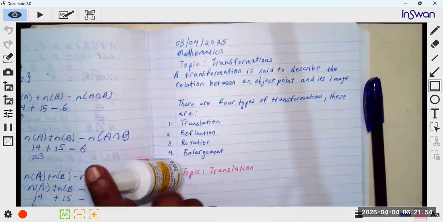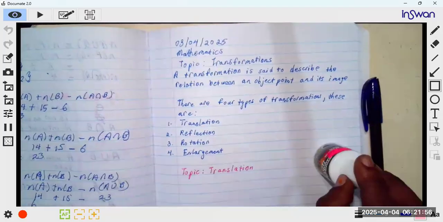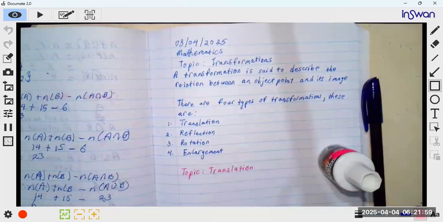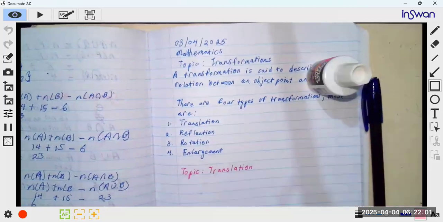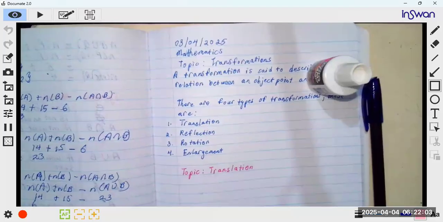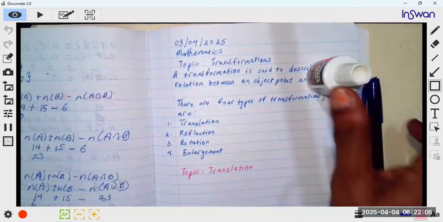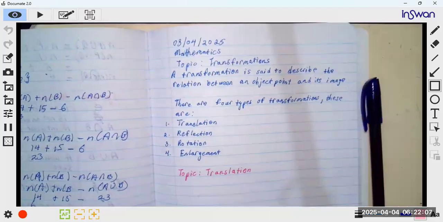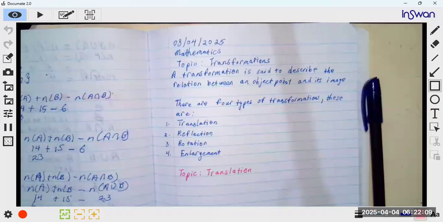I can move it down, across, or up, just the position. Translation occurs when you are playing chess, or even draughts, because you have to be moving the tokens from one spot to the other. That's a form of translation. Okay?